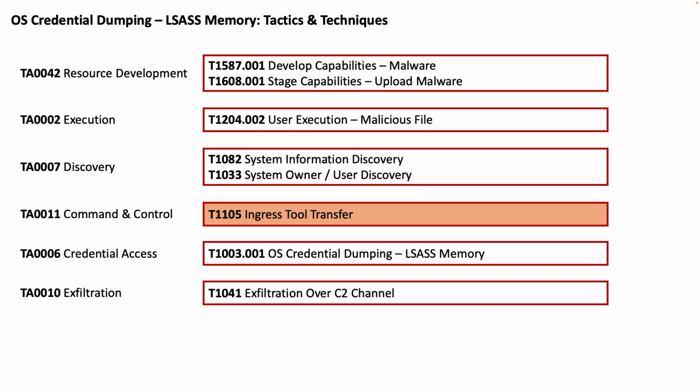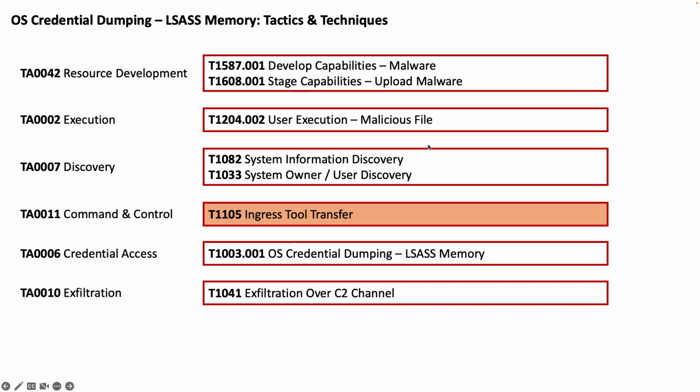Now since Nora Kemona belongs to the domain admins group, we should be able to upload the Procdump file to the Windows 10 system. We will execute this file later in the credential dumping technique, the LSASS memory technique.